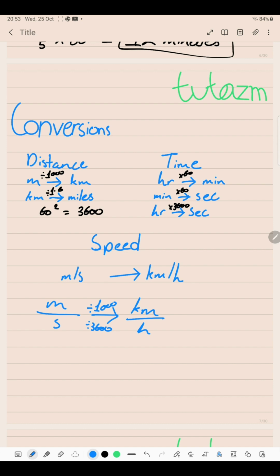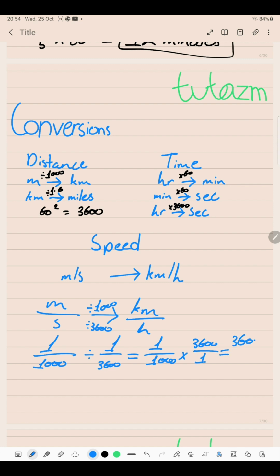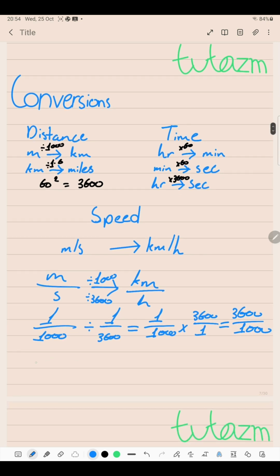So from meters per second to kilometers per hour, we're doing 1 over 1,000, because we're dividing by 1,000, and we're dividing that by 1 over 3,600. This gives us 1 over 1,000 times by 3,600 over 1, which gives us 3,600 over 1,000, and a final conversion rate of 3.6.